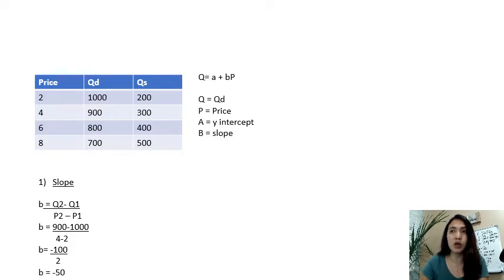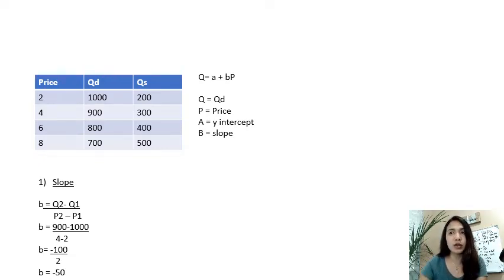You can use that because in a linear function, even if you use different combinations or different pairs, we will all arrive at the same answer. As long as if your price P1 is 2, then the Q1 must be 1,000. If your P2 is 6, then the Q2 should be 800. That's just like what you are seeing here in the table.